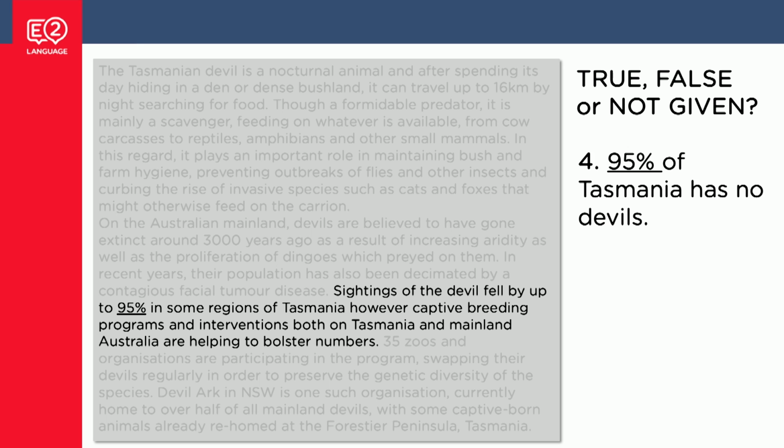So 95% of Tasmania has no devils. Is that what this says in the text? Sightings of the devil fell by up to 95%. I don't really know how much of Tasmania has devils or no devils, so this answer is not given. I can't tell from this text.